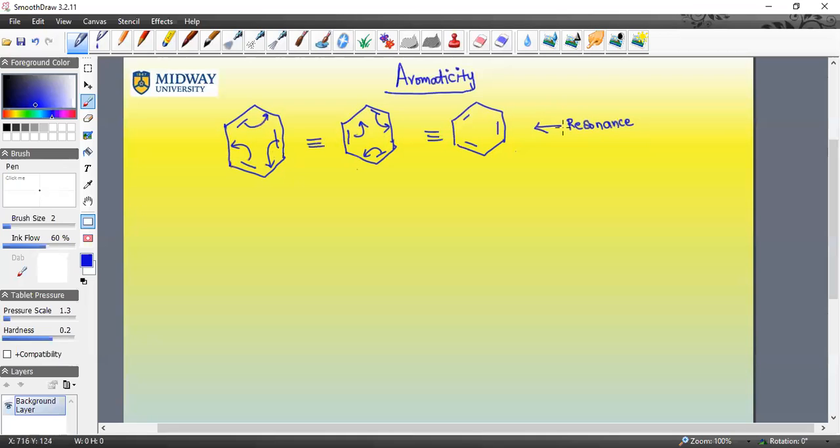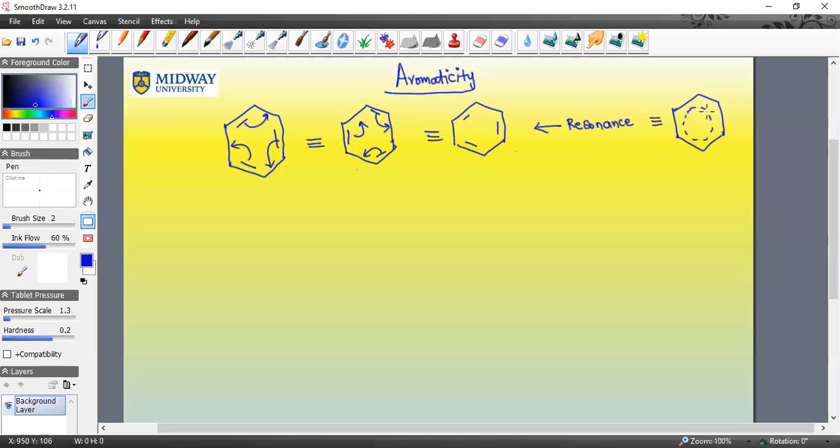No one can even discern which structure is right or which structure is wrong. So typically you may not see me doing this in an actual reaction, but in a textbook, or if you watch any video on aromaticity or aromatic compounds, you would see people write this because they just give up and say, well, there's no way you can be 100% sure of the precise location of these bonds.